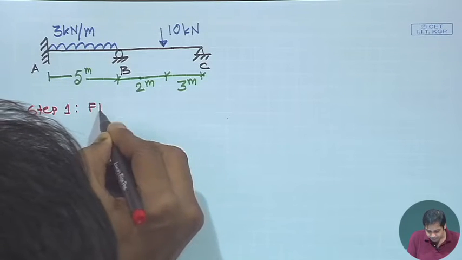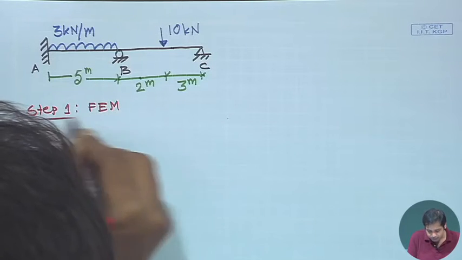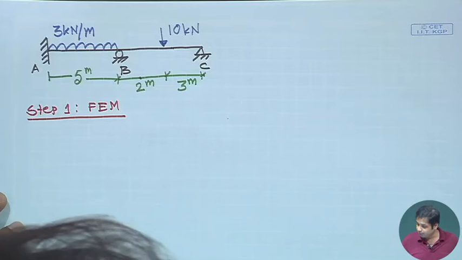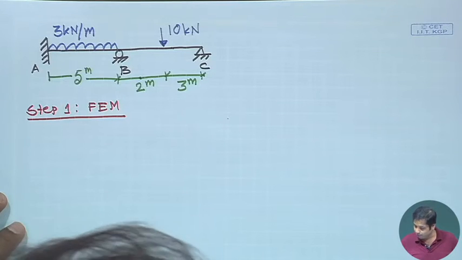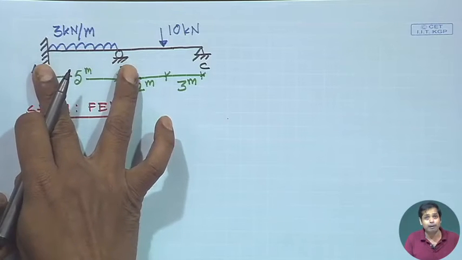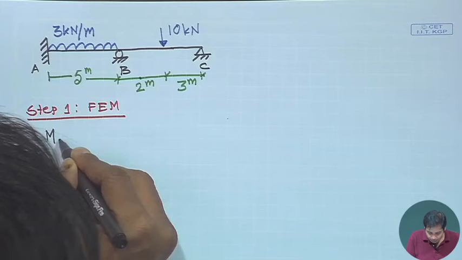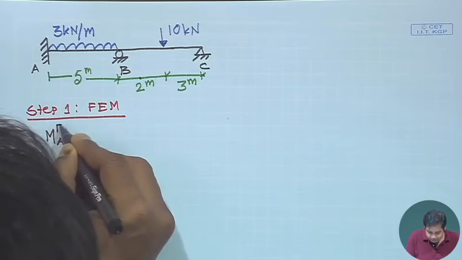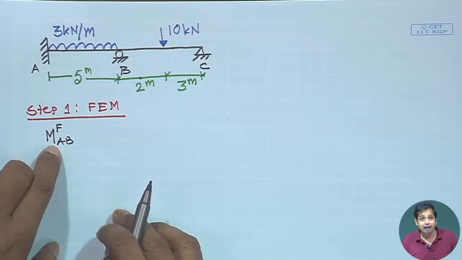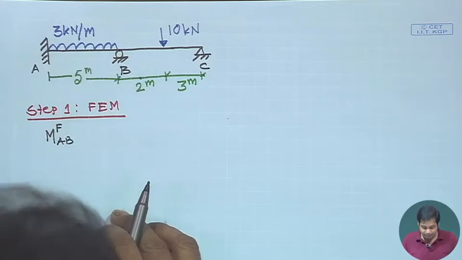Step 1 is to determine the fixed end moments for all the segments. First consider member AB, the fixed end moment at A in segment AB.